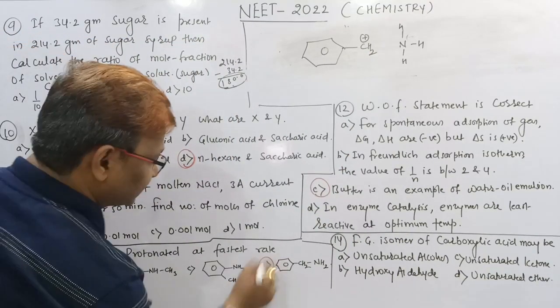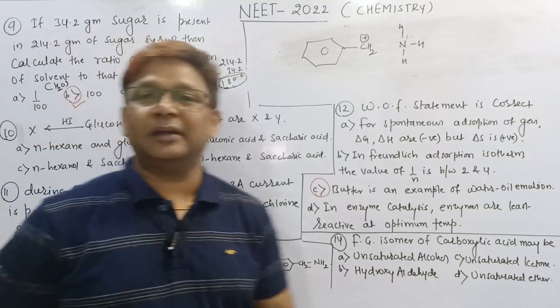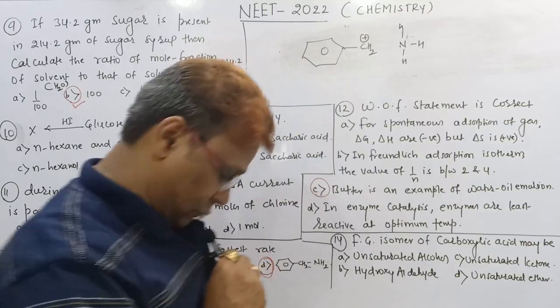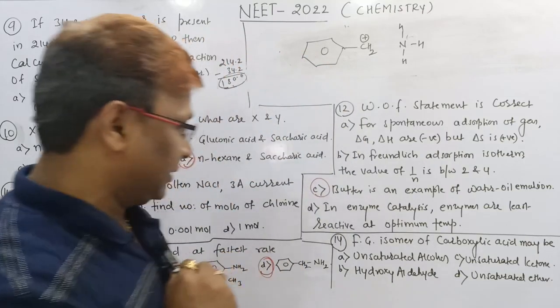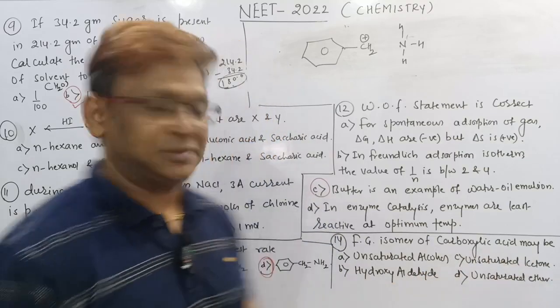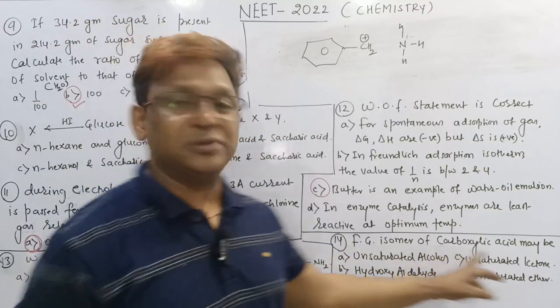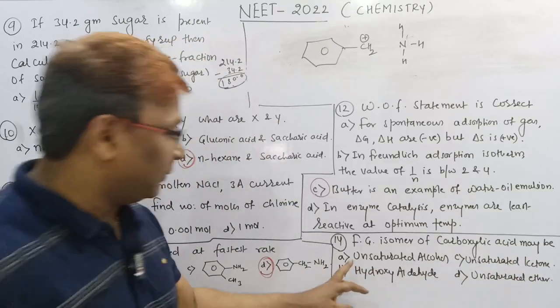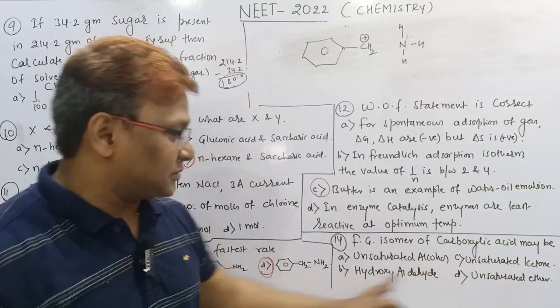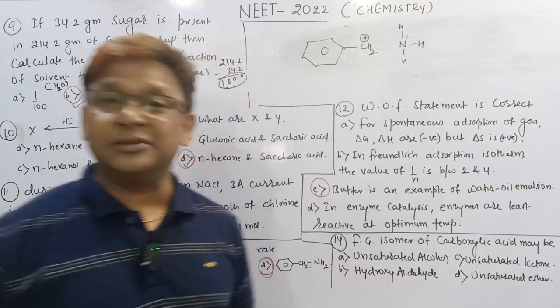Our answer is D. Question number 14. Functional group isomers of carboxylic acid may be dash. What are the functional group isomers of carboxylic acid? It may be unsaturated alcohol, unsaturated ketone, hydroxyaldehyde, or unsaturated ether.